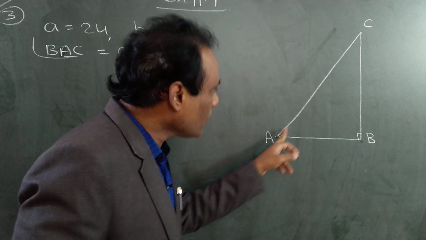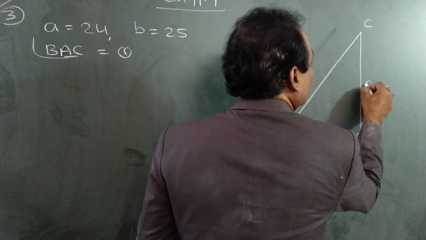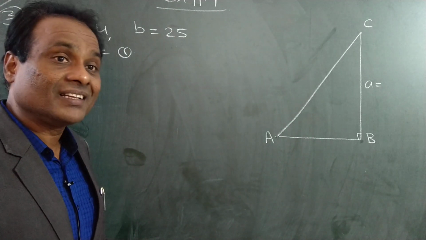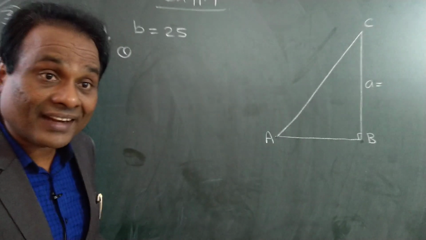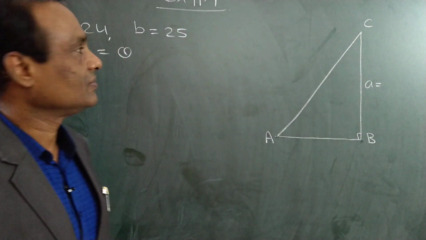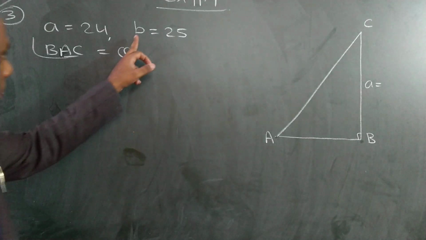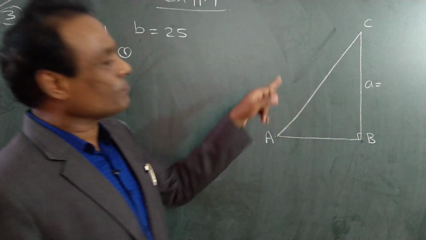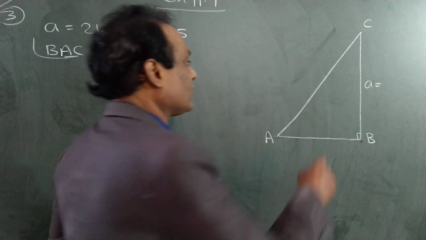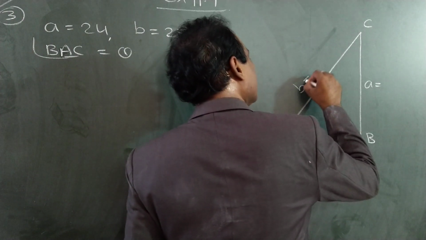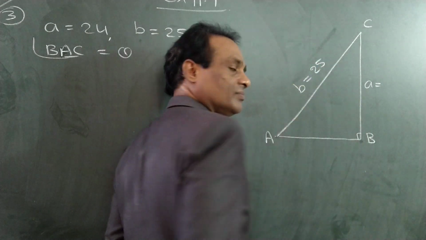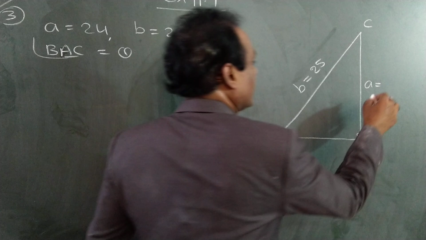So the side opposite to angle A is denoted by small a. It is the length of the side opposite to A. Small b means the side opposite to angle B. How much? 25. And a is 24.